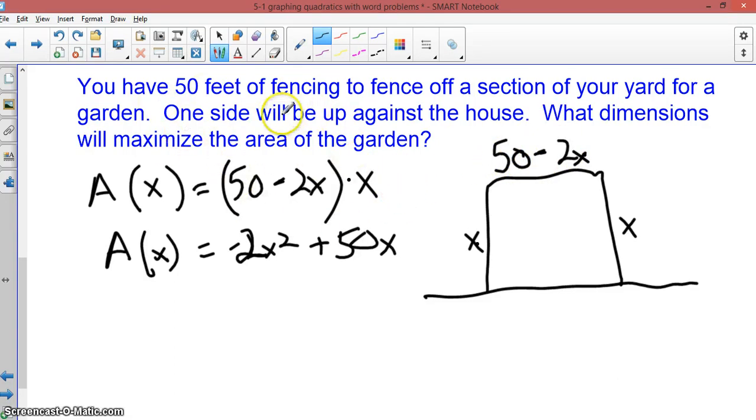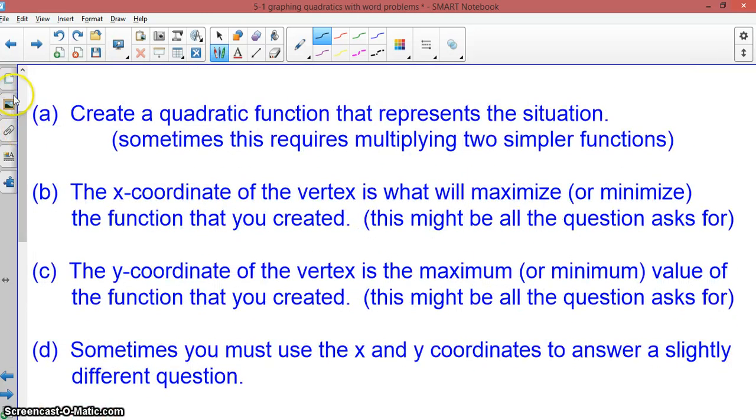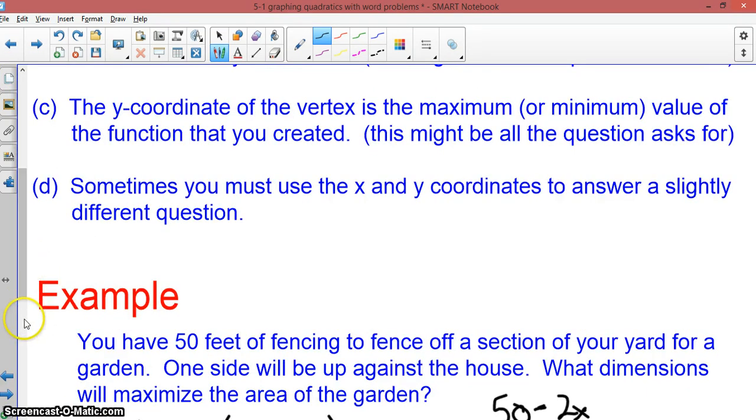So we have 50 feet total. What dimensions will maximize the area of the garden? Well, if we scroll back up here, remember what you do. The hard part really is setting up A, and we'll do a couple more examples of that tomorrow in class, probably. Then you just have to find the vertex.